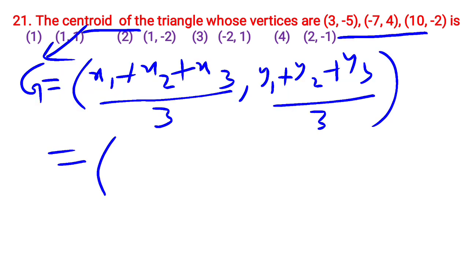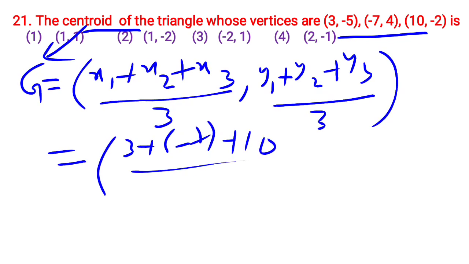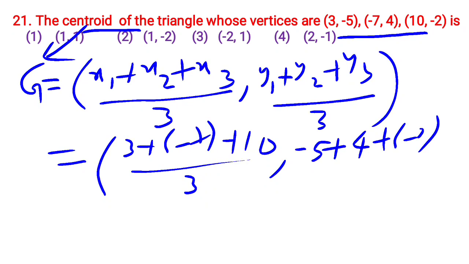Let's substitute the 3 ordered pairs. So x1 is 3, plus x2 that is minus 7, plus x3 that is 10, divided by 3, comma y1 minus 5 plus y2 4 plus y3 minus 2 divided by 3.